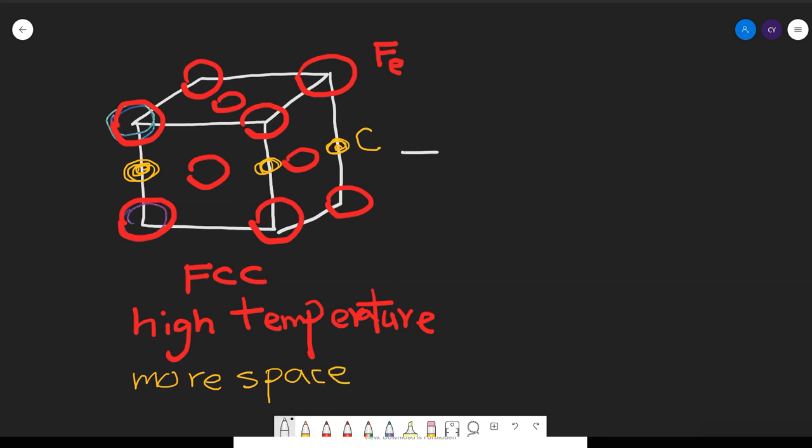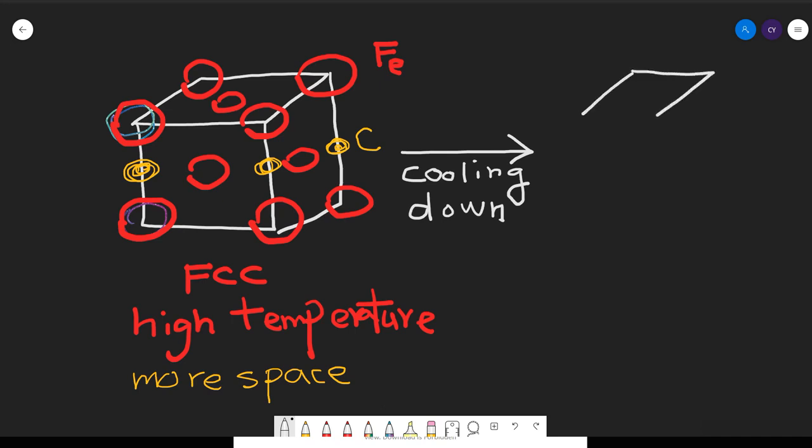But when it's cooling down, the space should become small due to the atoms rearrangement.